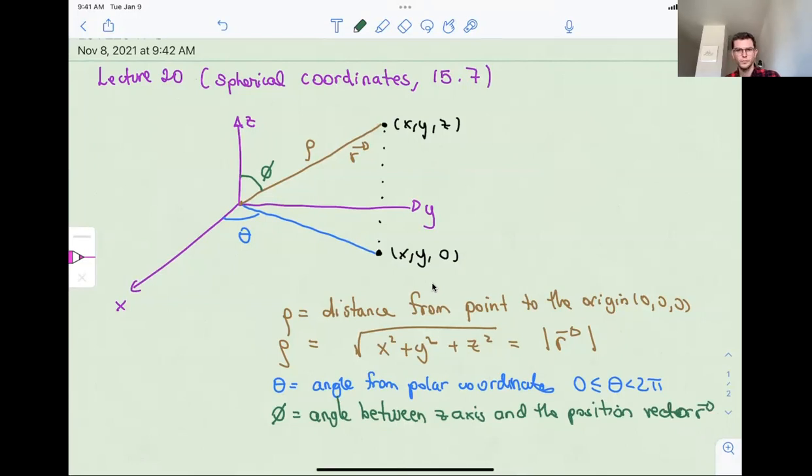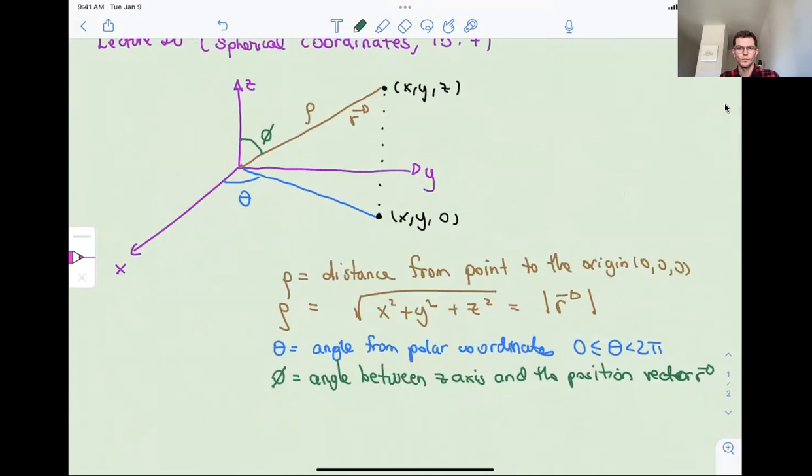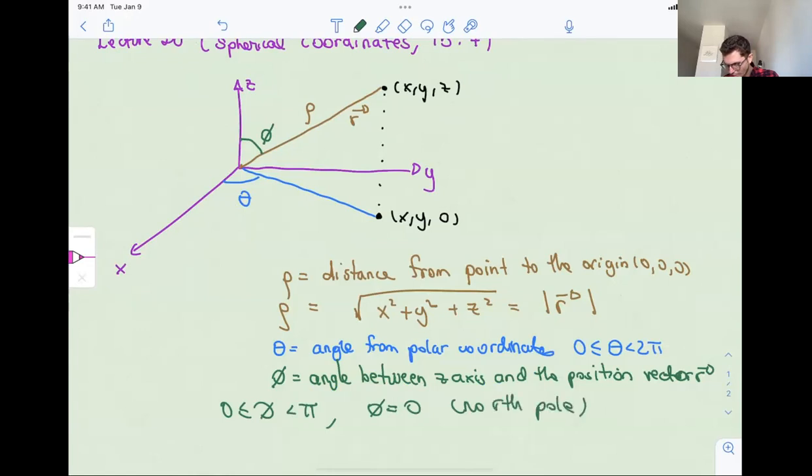Okay. So this phi is an angle between 0 and pi. When phi equals 0, you are at the North Pole. When phi equals pi over 2, you are at the equator, on the XY plane.